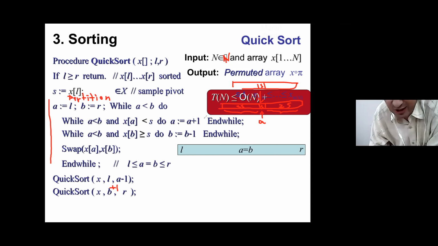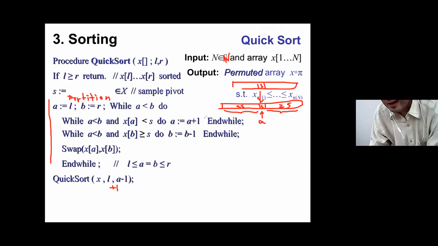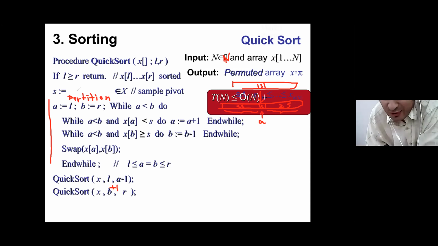It can be XL, it can be XR, it can be the middle element. I don't want to say it doesn't matter. It matters, but a priori you have no way of knowing what is a good choice of S. So you can take any element in the array, whether it is the middle element, the left element, or the right element.